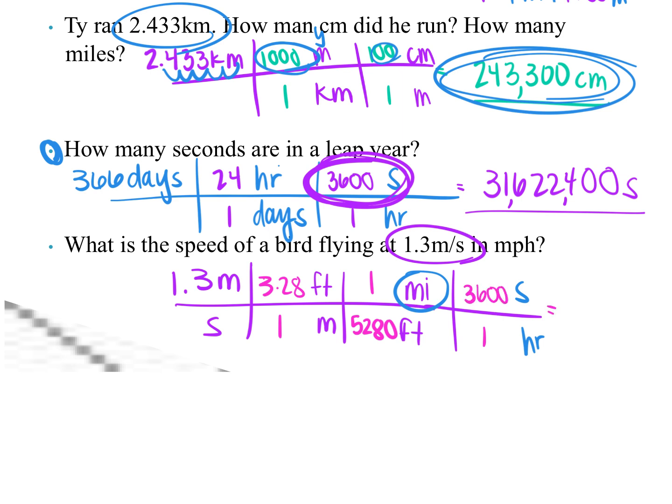Okay, so our process is multiply across the whole top, divide by the whole bottom. And so that gives me a value of about 2.9. Is that what we had? Miles per hour. 2.9 miles per hour.